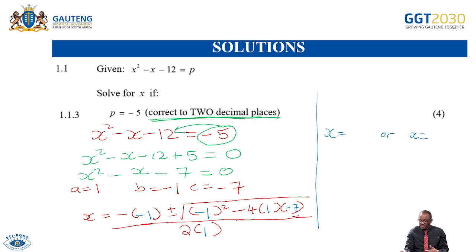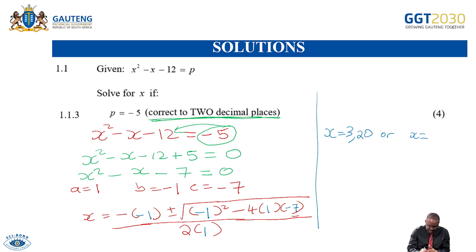Correct? So now, if we are to punch this in a calculator, we are going to have negative into negative 1 plus the square root of negative 1 squared minus 4 into negative 1, and now we are going to have minus 7. Then you will get our answer as 3,20, correct?